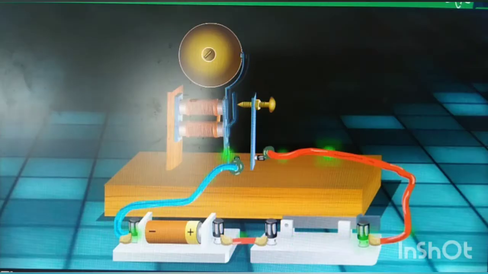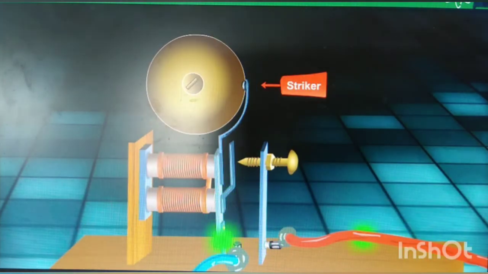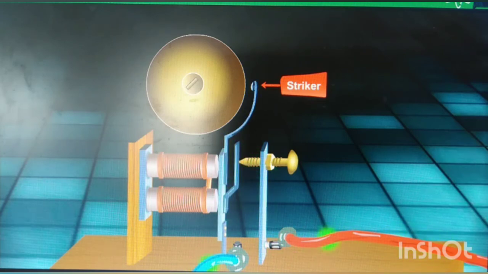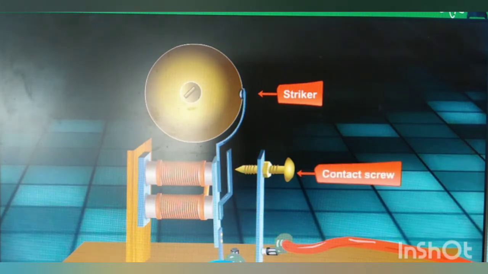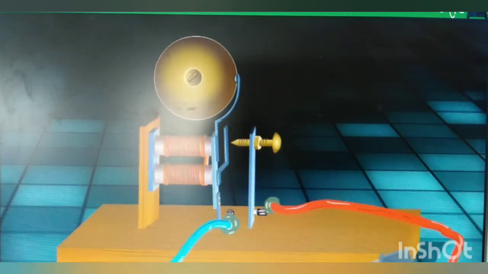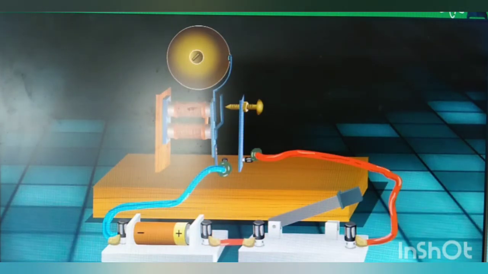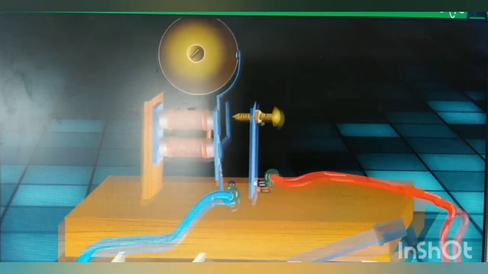The current flows in the circuit when the screw is in contact with the strip, and hence the coil becomes a magnet and attracts the iron strip towards it. Therefore, the striker hits the gong and the sound is created. However, at the same time, the contact screw loses contact with the strip and the current in the circuit stops.